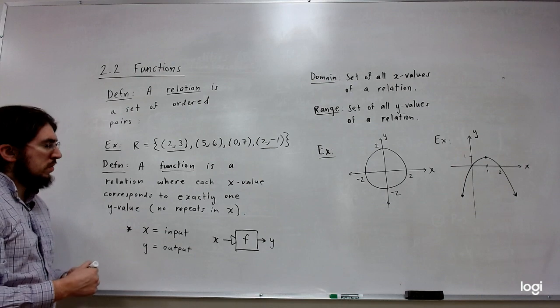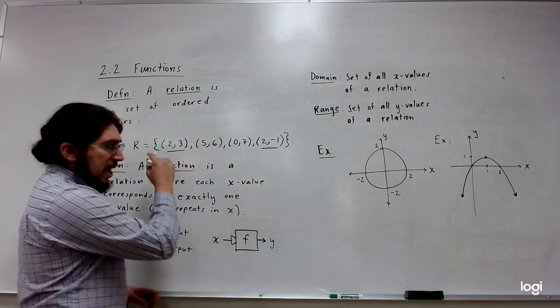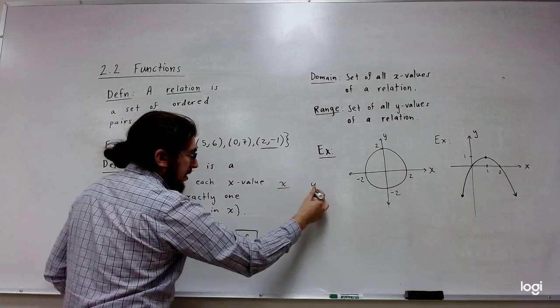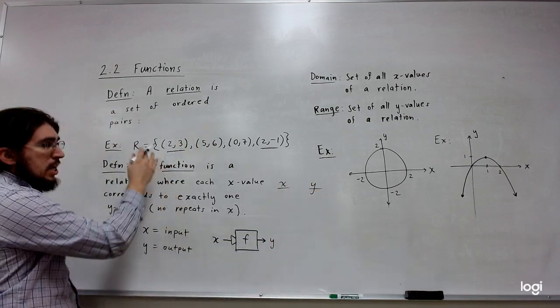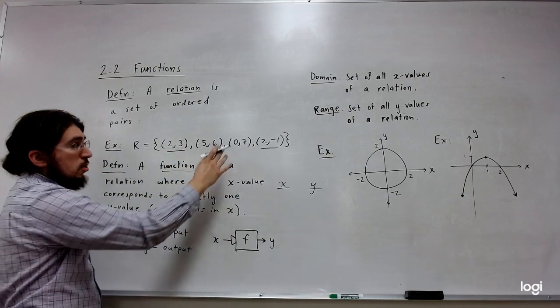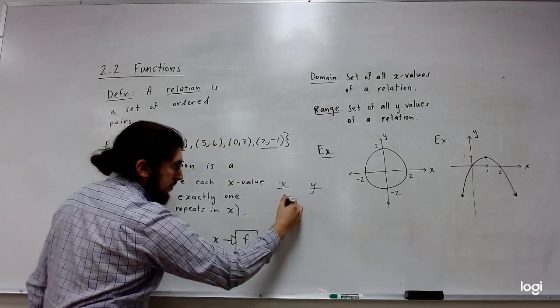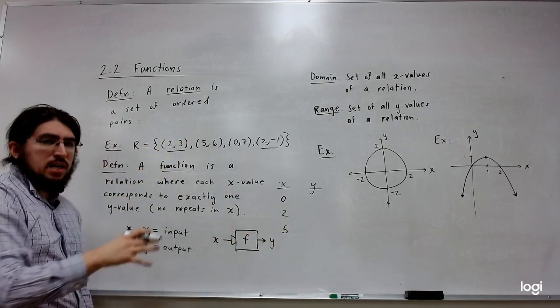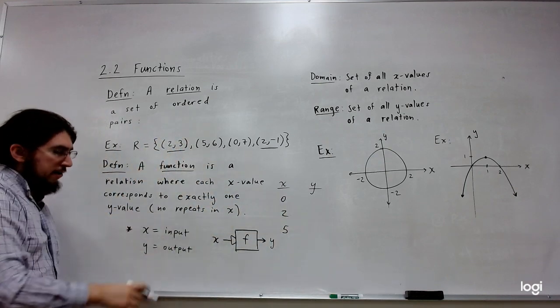Very often, by the way, there are diagrams that are used with functions with arrows. So you'd have x values and you would have y values. Here the x values, let me write them in order, are 0, 2, and 5. Now remember, this relation is not a function, so we'll see why with this diagram.